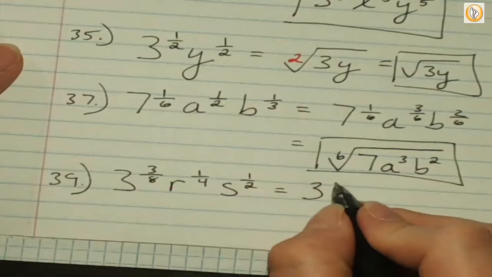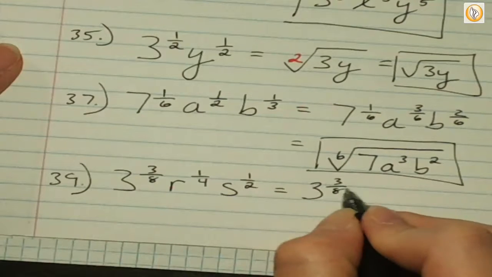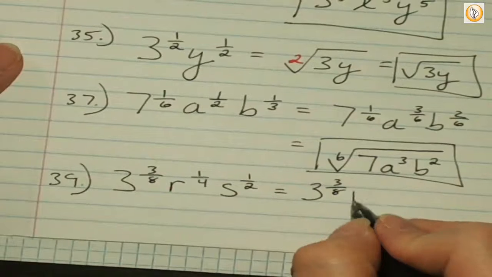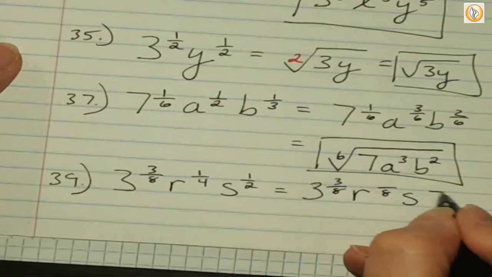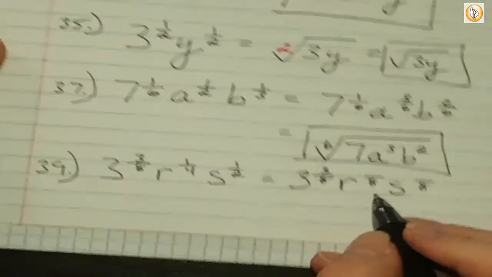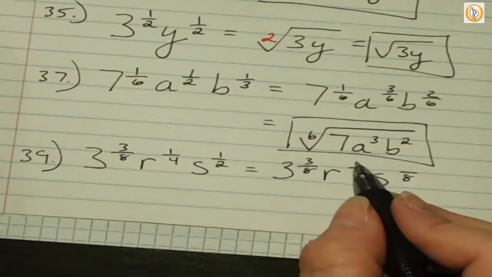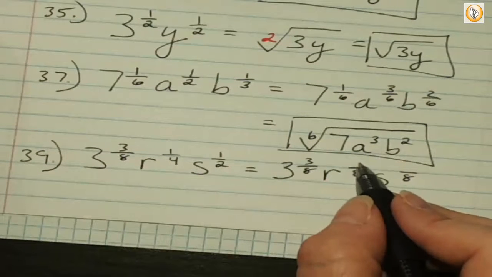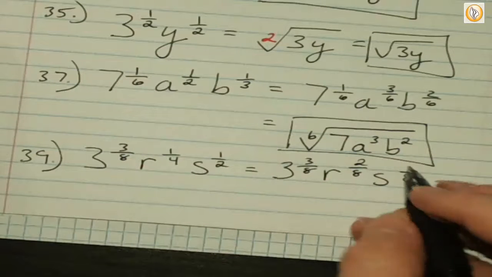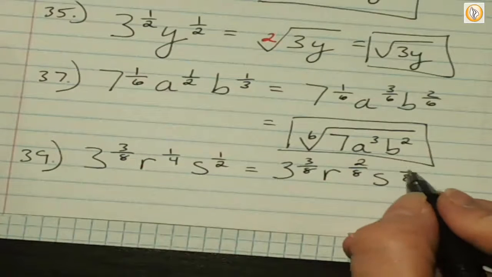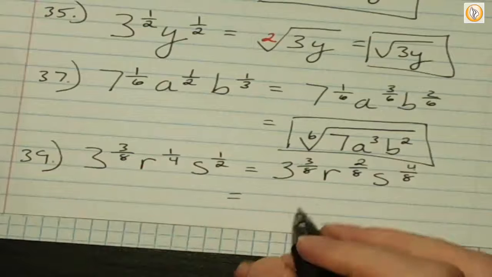What would be my common denominator? Okay, so if 8's my common denominator, what's my new numerator right here? 2. What's my new numerator here? 4. You sure about that? Yeah.